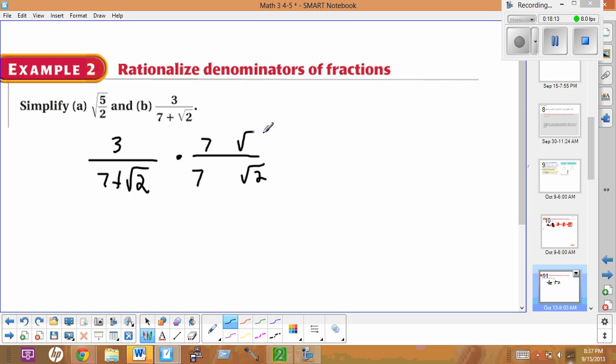Remember, what we do to the denominator, we do to the numerator. And the only difference lies in the sign in the middle. Because that's plus, we're going to go minus. This is called the conjugate.